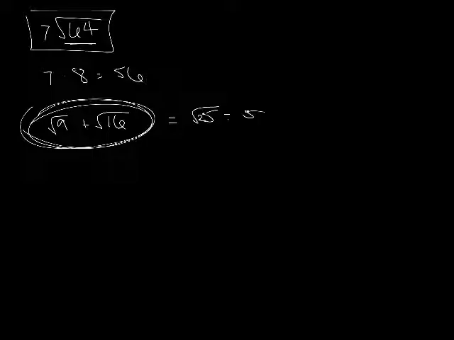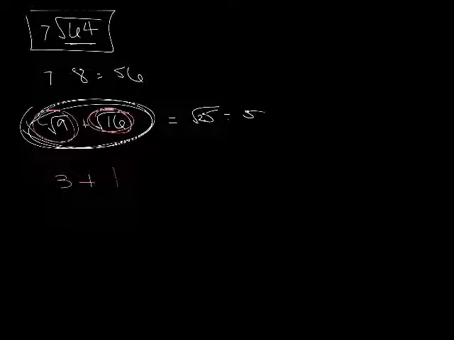The only time you can combine them is if the number underneath is the same, and we will get to those later, and that is not the square root of 18. So don't combine those. All you can do is look at them each one individually. The square root of 9 is 3. The square root of 16 is 4. Your answer is 7. So notice it's not 5, it's 7.